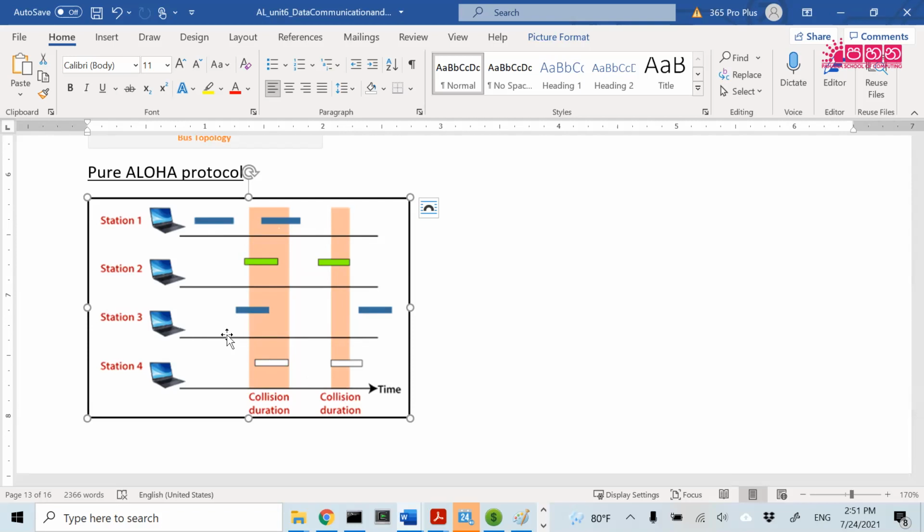Now, to understand how this will work, first of all, you have to check before sending in Aloha. What they say is, before you send, you check whether there are any other transmissions, right? And then you send the data.